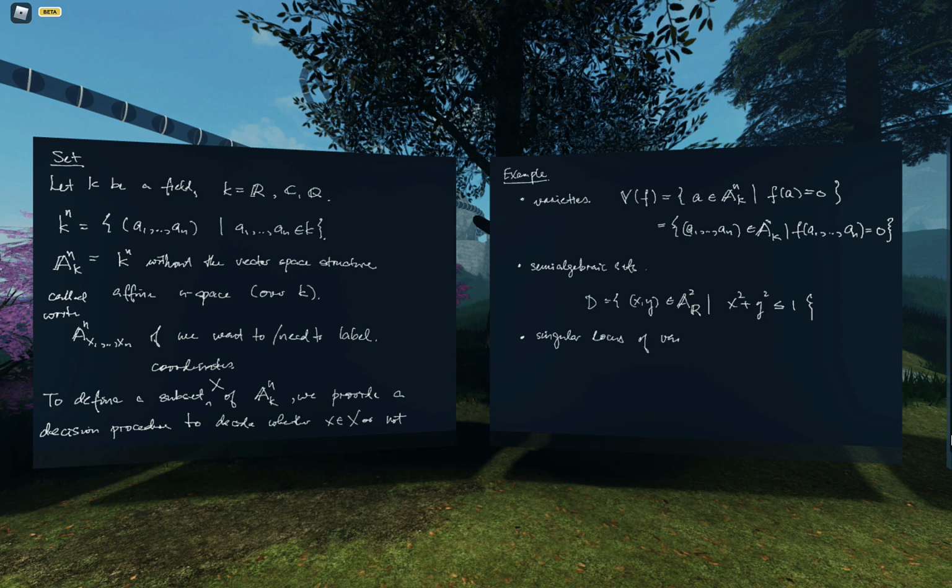And so other examples, you can have things like the singular locus of a variety. I'm sneaking this in here, not because it's especially important for this class, but one of the aims of running this class was to talk a little bit about singularities. I'm not sure whether we'll actually get to it in the main part, so I'll mention it here. The singular locus of a variety is actually itself a variety.